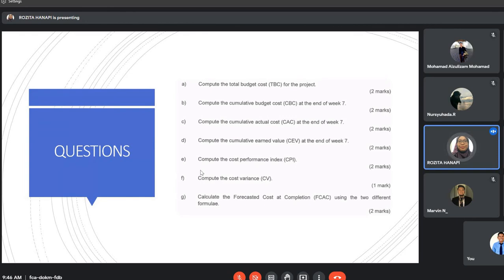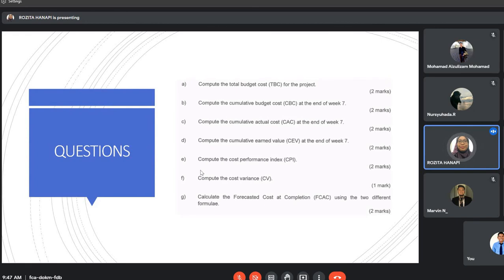It is another indication that the work performed is not keeping pace with the actual cost. That is the cost variance.